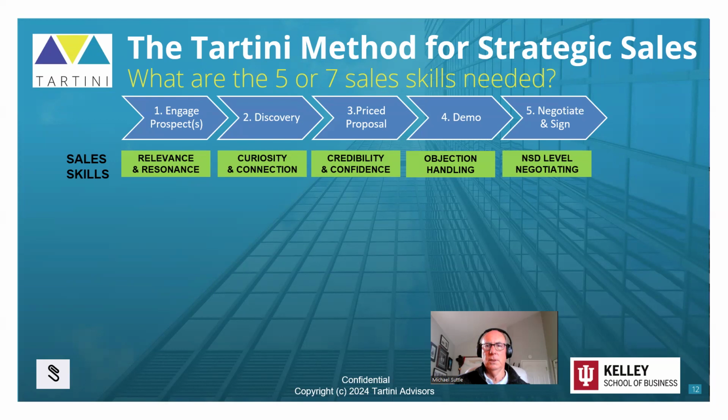NSD refers to Never Split the Difference, a book by Chris Voss, former FBI hostage negotiator. And all I could say is that they're both great, but if we come in hot acting like an FBI hostage negotiator right up front, we're probably not going to generate much empathy, resonance, or relevance. That won't go well.